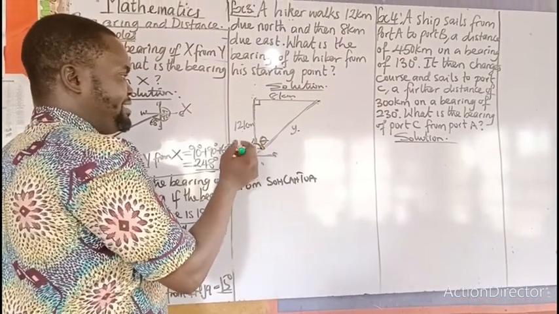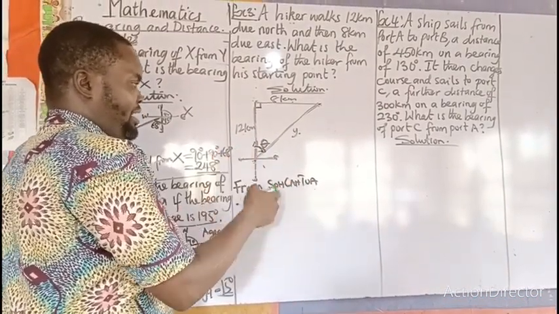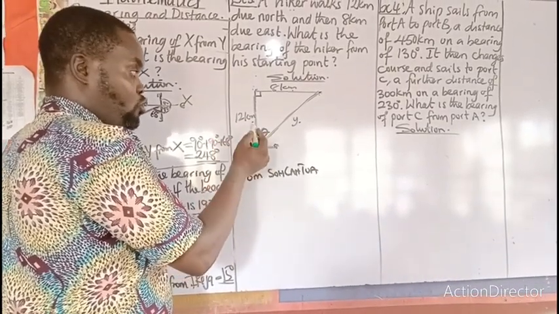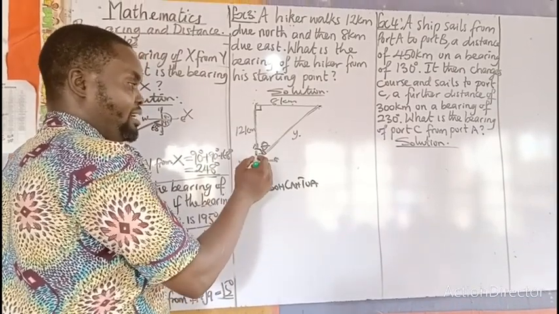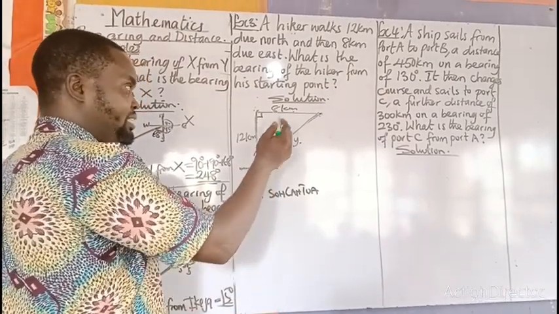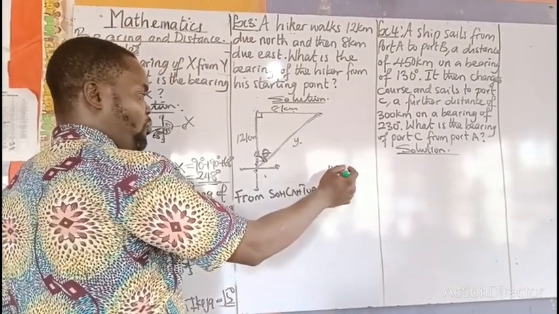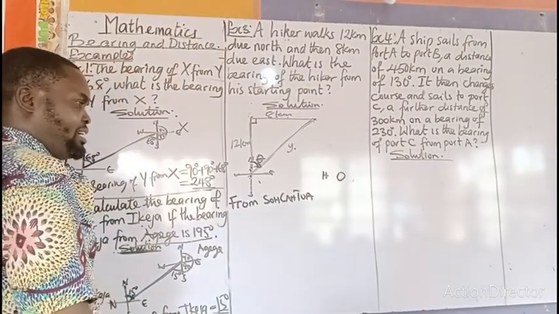So if our theta is this, what is 12 to theta in our SOHCAHTOA? 12 is the adjacent to theta. What is 8? We have adjacent and we have opposite. In this formula, SOHCAHTOA, which of them has adjacent and opposite?